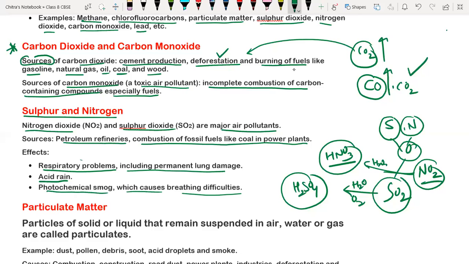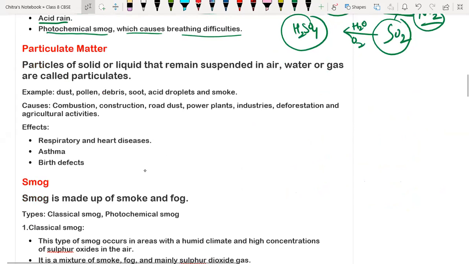Now we will understand about particulate matter, which causes air pollution. Particles of solid or liquid that remain suspended in air, water or gases are called particulates. Examples: we have dust particles, pollen grains of the flowers of many plants, debris, soot particles, acid droplets and smoke in the air.